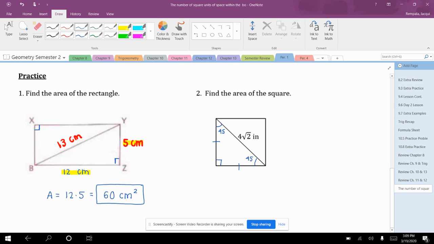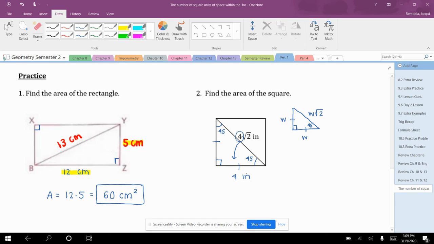So if we remember our properties of a 45, 45, 90 triangle, I always want the smallest sides, which are across from the 45, to represent W. And remember, W root 2 is going to get us our hypotenuse. Well, in this problem, since 4 root 2 is the hypotenuse, the number that is out in front is really then the side.